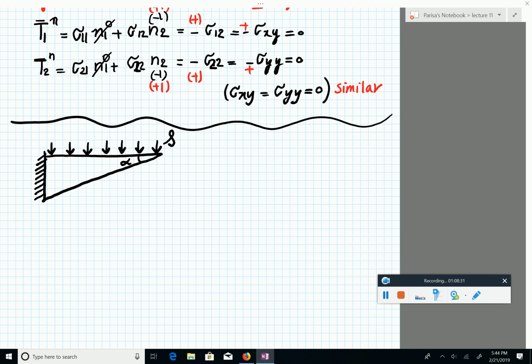Try to write the boundary condition for the side which is the slope. I'm sorry. Try to write it down.